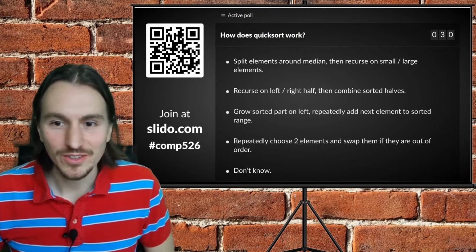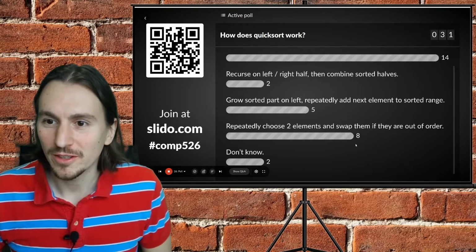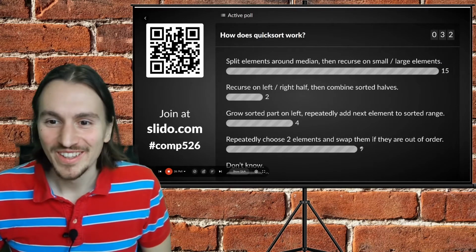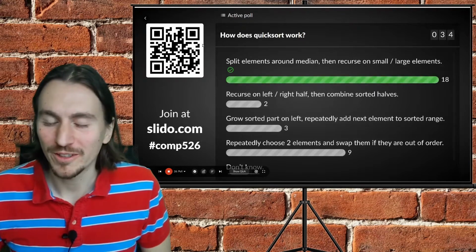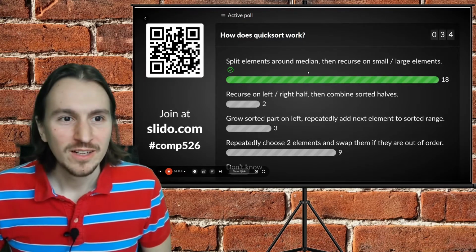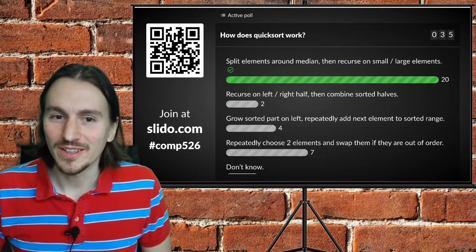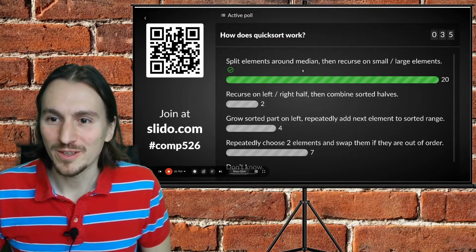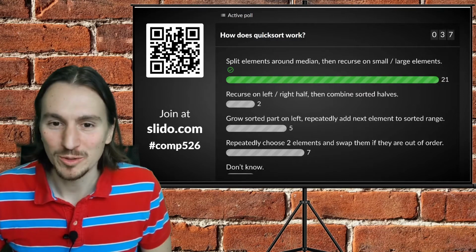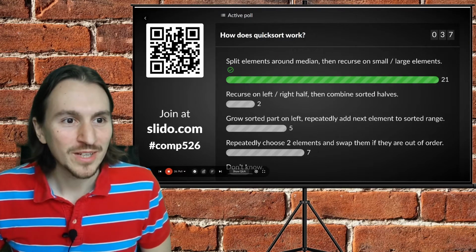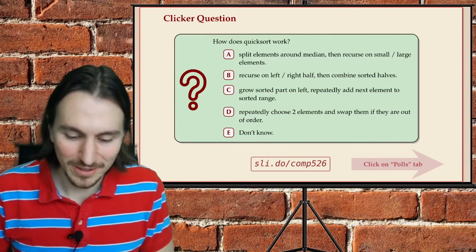All right, so there's a few don't knows, and we'll definitely have to change that. And a couple of votes for the other things, but the vast majority has the right idea in mind. I should say that this split elements around the pivot element would be, I think, a more appropriate way to phrase it. Okay, thanks for voting, and then we can continue.